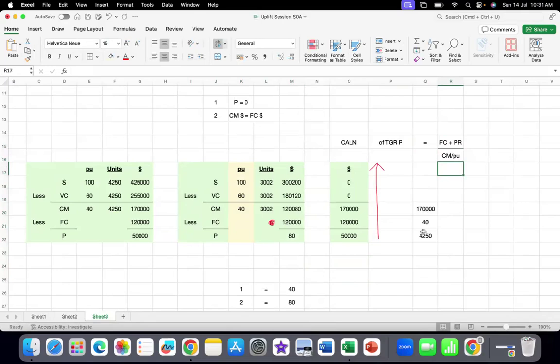The fixed cost was 120,000. The required profit was 50,000. So we added it, and we went up to 170,000, and we divided it by the contribution margin per unit, which was 40. We got an answer of 4250.